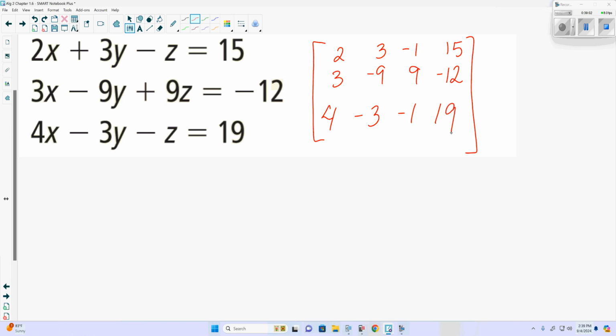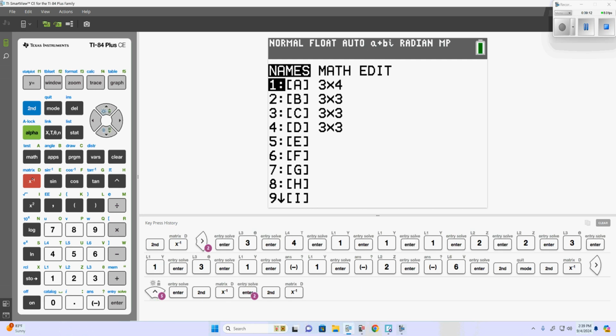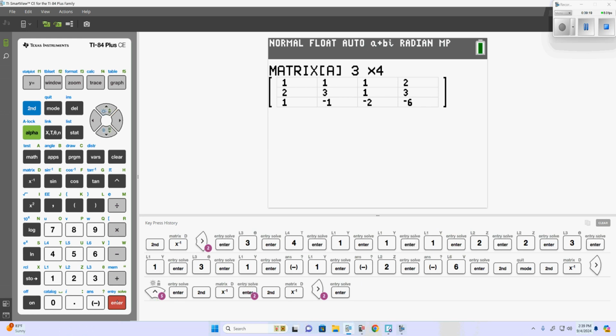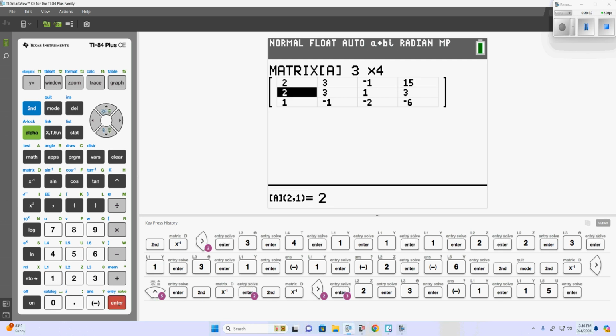We feel comfortable with that, yes? Okay. When we grab the graphing calculator, first thing we're going to do is second matrix. We're going to go over to edit so that we can put this matrix into A. Now this matrix is still a 3 by 4. The first row is now 2, 3, negative 1, 15.